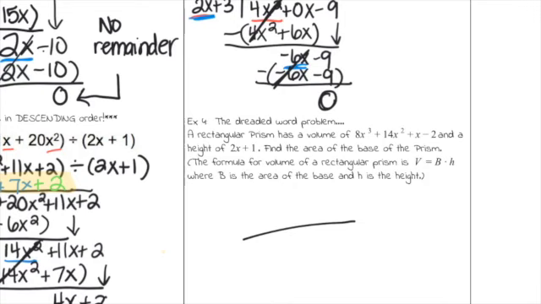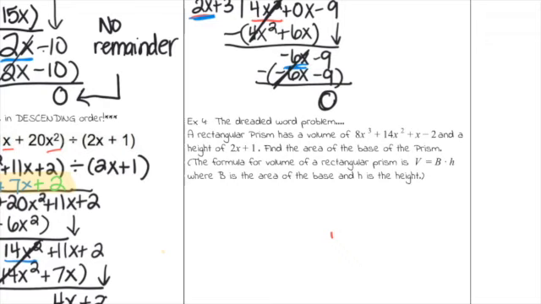And in my second slide, we were, oops, let me do some erasing here. All right, so this was my problem. It said the rectangular prism has a volume of, and they give you this polynomial, and a height of 2x plus 1. Find the area of the base of the prism.